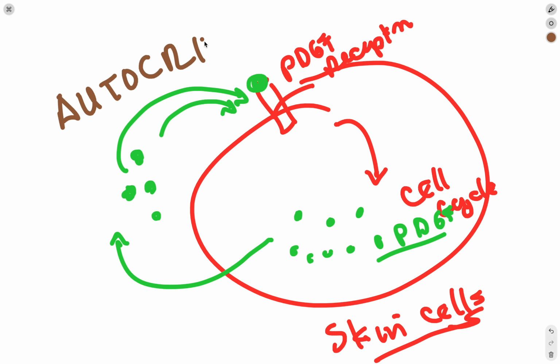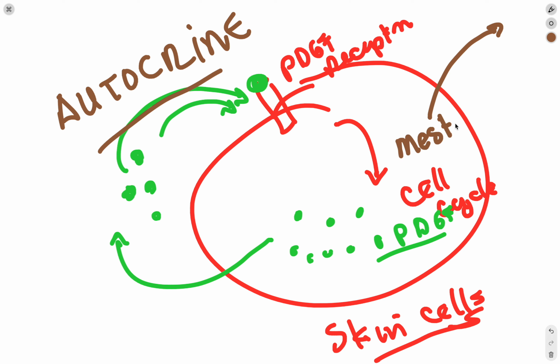It's just self-stimulating. One thing that's really terrible about this is that in a cancer patient who has this type of cancer, if the cell floats away, and in cancer biology that's called metastasis, and you've heard that before, that cancer can spread.